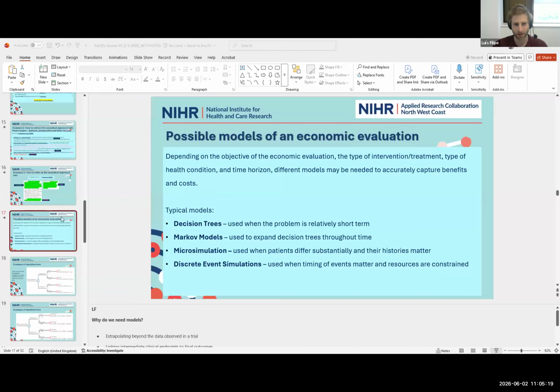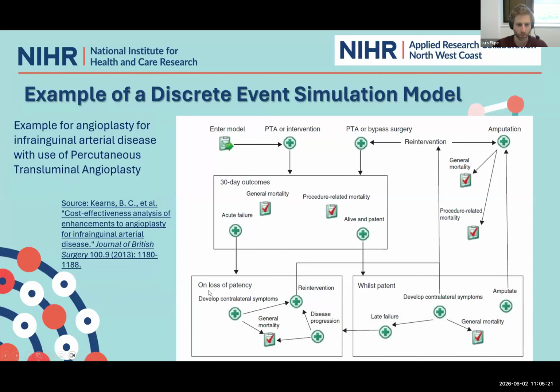If you have an acute failure, then people can go on to loss of patency, which can be to develop collateral symptoms and then go to mortality, or disease progression and then go to mortality, or in both of them they can go into a reintervention. Then in the reintervention, it may be again another PTA or bypass surgery, but it can also be amputation, which can lead to general mortality, which can lead also to procedure-related mortality. So you see, it's a lot more complex.